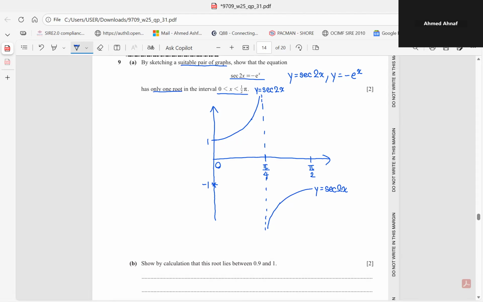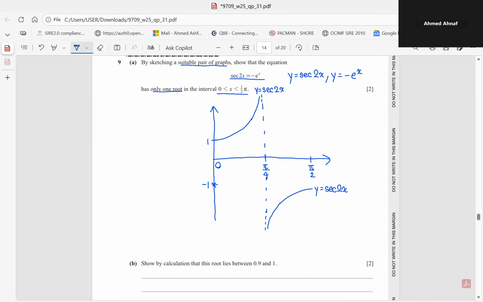Now we're going to substitute pi over 4, which gives you -2.2, which is definitely like here. And if you substitute bigger values, you get bigger negative values, so it will just go downwards.